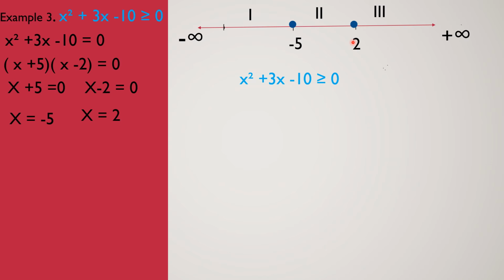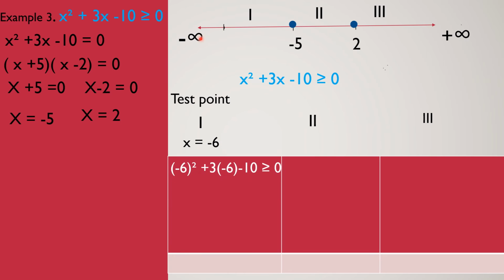Okay, so let's have the original inequality: x squared plus 3x minus 10 greater than or equal to 0. And we're going to get our test point. In this first part, what is the value of x? We have here -5, which means you can choose any value or any integer going to negative infinity. So -5, we can have -6, -7, -8. If you use negative 6, you're just going to replace x by negative 6.